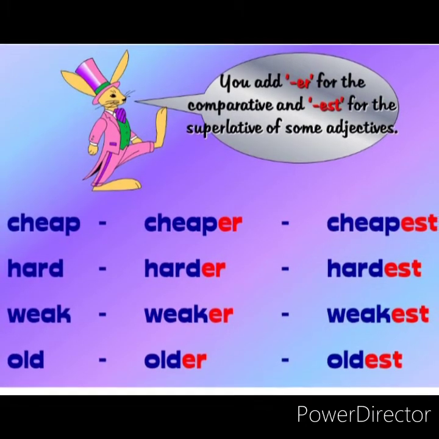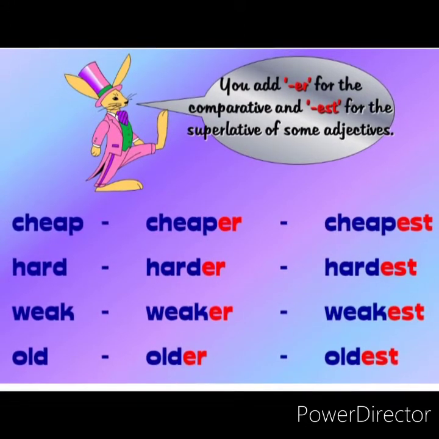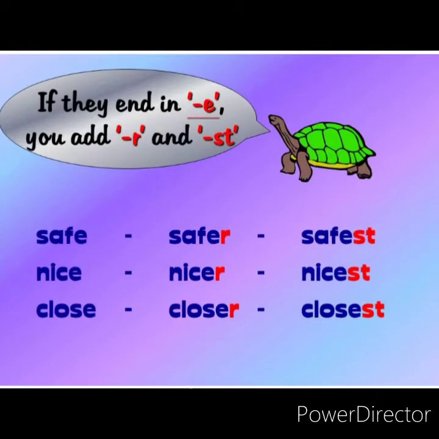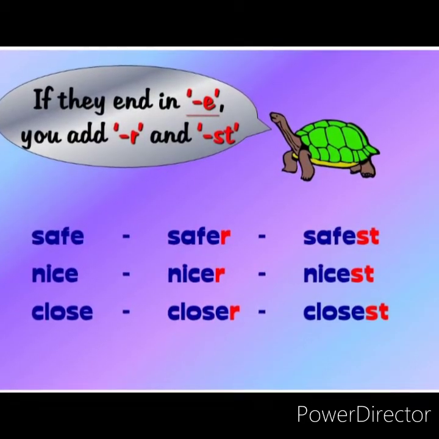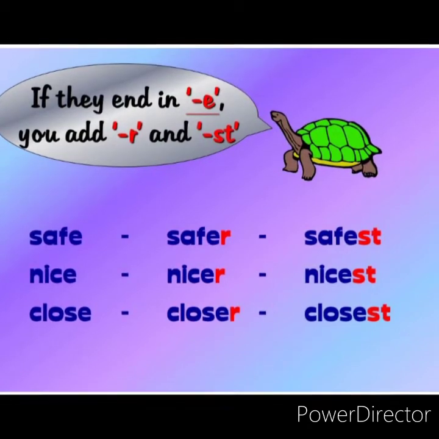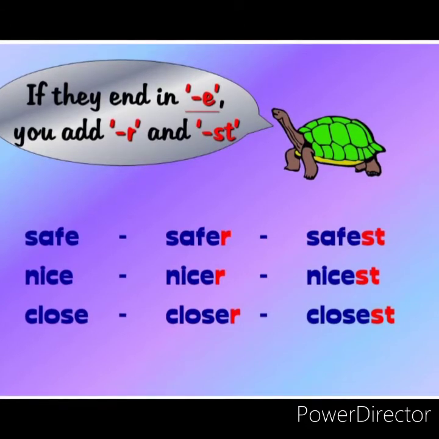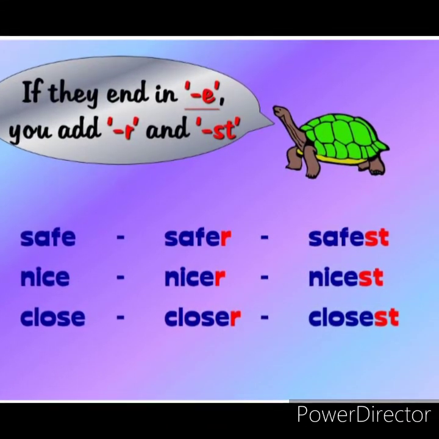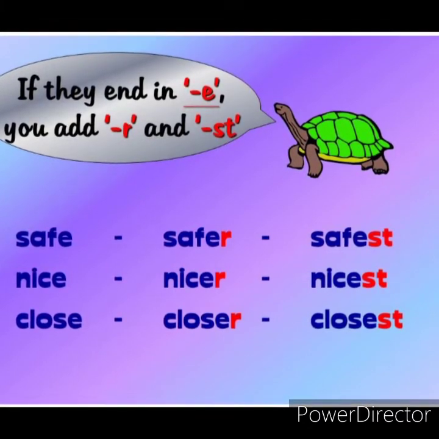Weak, weaker, weakest. Old, older, oldest. If they end in E, you add R and ST. Example: safe, safer, safest. Nice, nicer, nicest. Close, closer, closest.